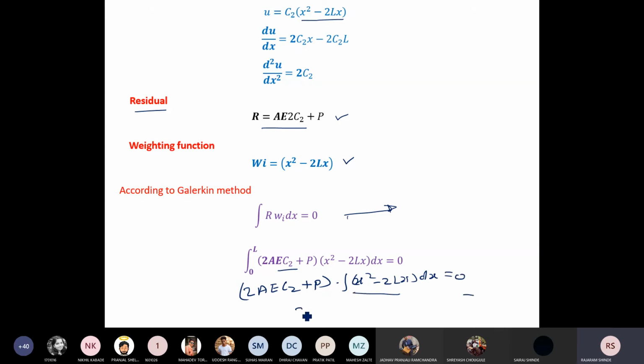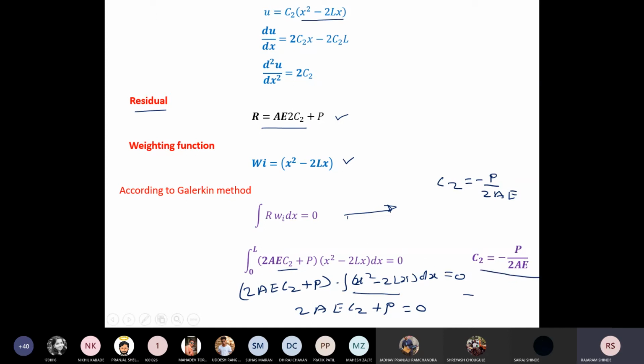It becomes 2AE C2 plus P equal to 0. From this we can get C2 is equal to minus P by 2AE. You can see here, C2 is equal to minus P by 2AE.